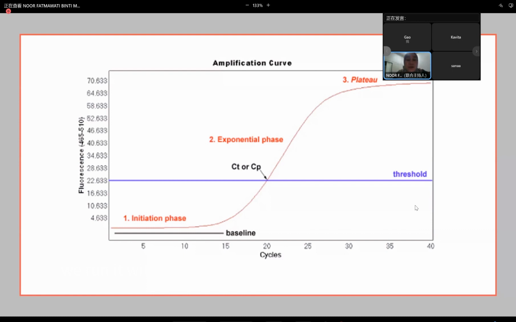Okay, so you should have your beta-actin somewhere here. Let's say another line. Oh, where is the point? Okay. And then you run your sample, you have your beta-actin, and usually in amplification, you will have two lines. Where is the pointer?